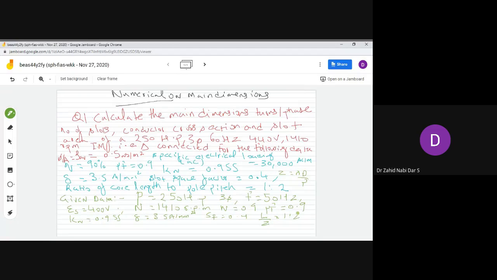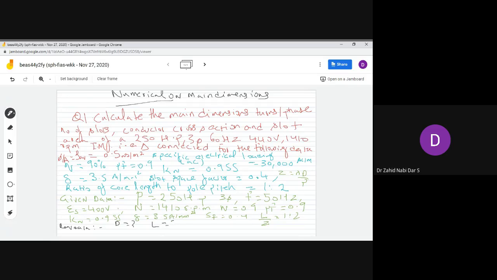So what is the thing that you need to calculate from this particular problem? What is the required data, what do you need now? That thing you have to understand. Main dimensions means D, the diameter, and they are asking for the length.